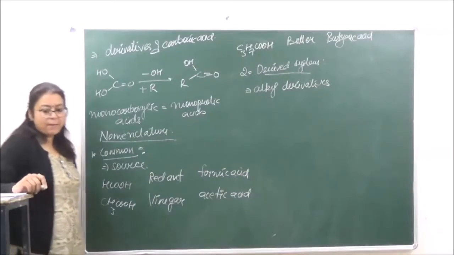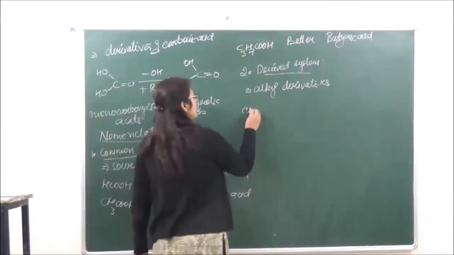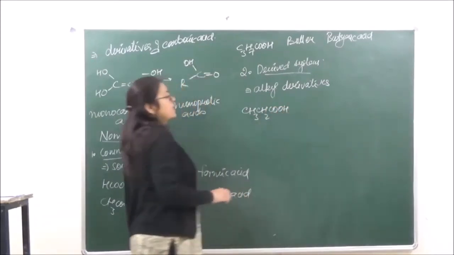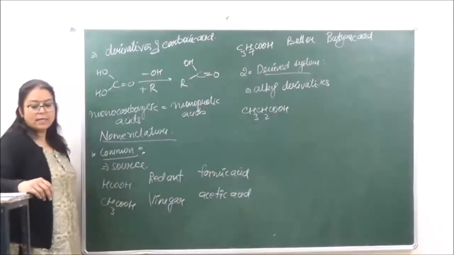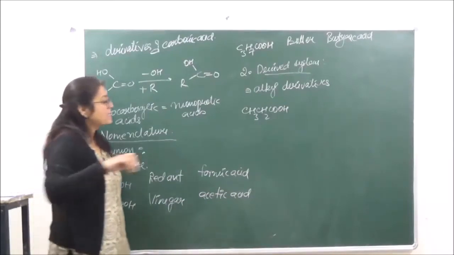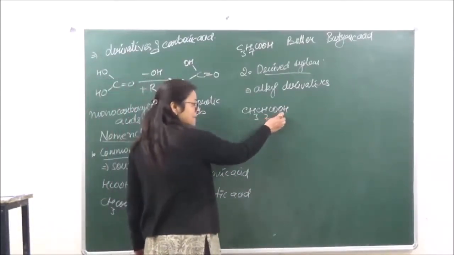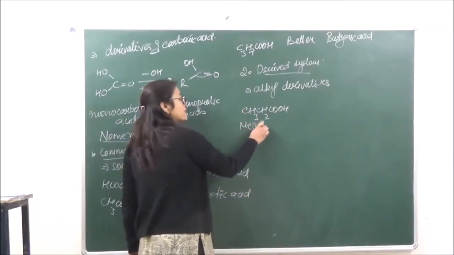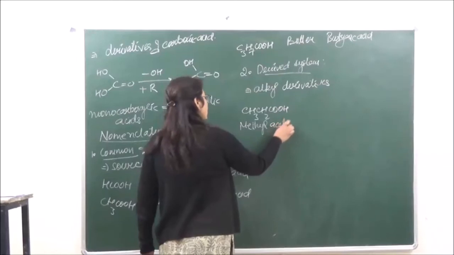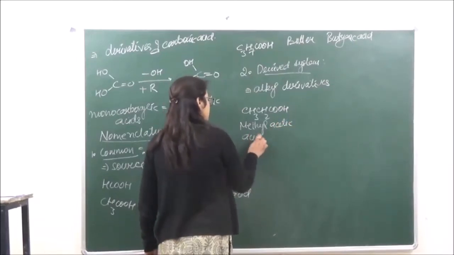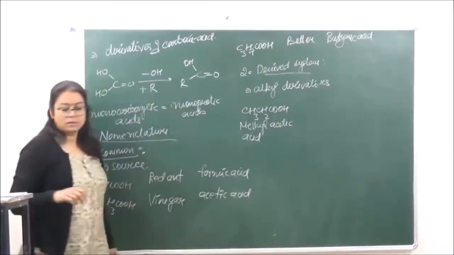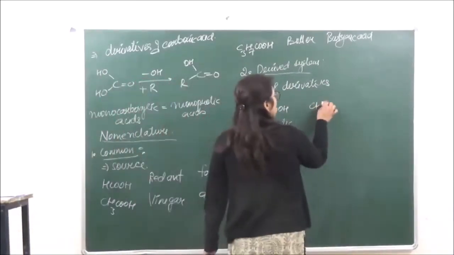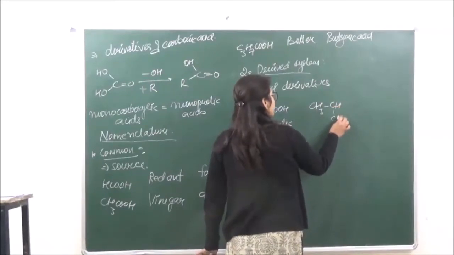For example, we have CH3CH2COOH. Here CH2COOH is the acetic acid, with a methyl group attached. So this is going to be known as methyl acetic acid.